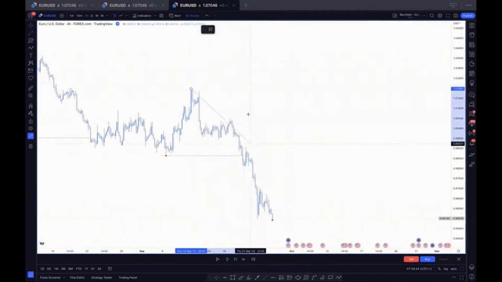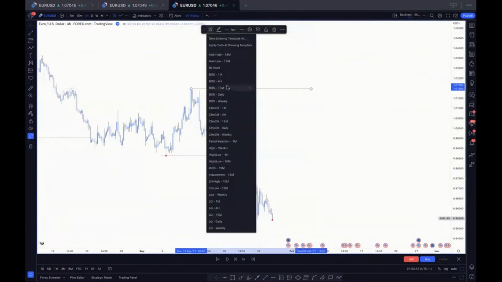If you don't hold Shift, you can see it will just be dancing around, but if you hold Shift, it stays a straight line. So I'll draw this like this, and then I will choose this as my swing high, right?